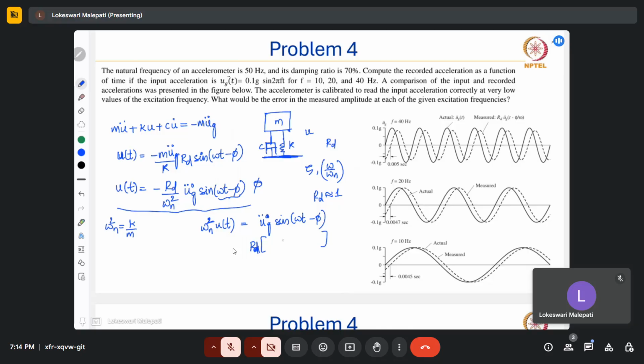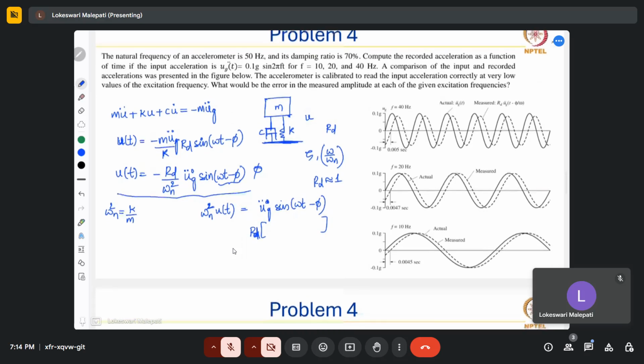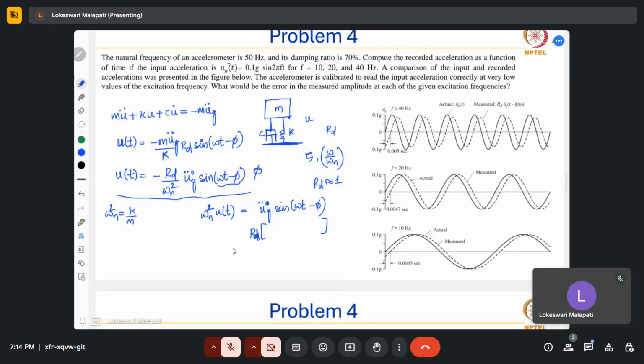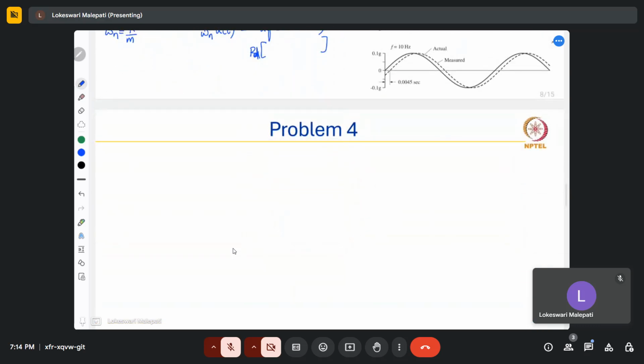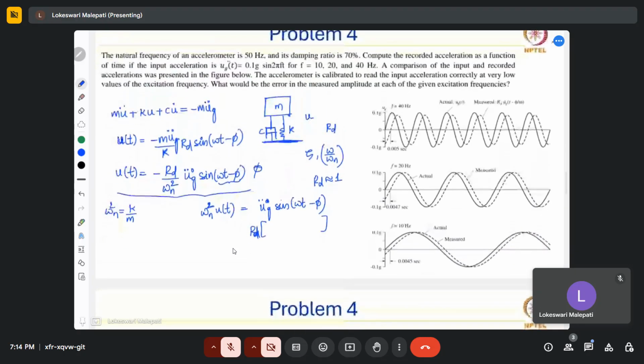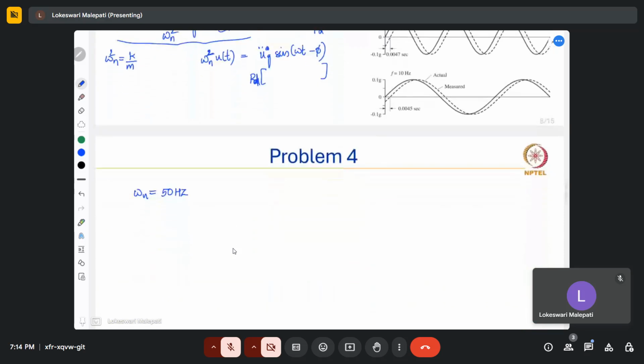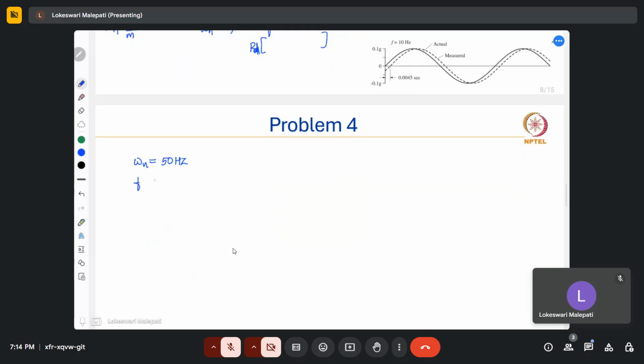Now we need to find out this displacement response factor value for different frequency ratios. In this they have given the natural frequency of an accelerometer, omega n is equal to 50 hertz, and they have also given the different frequencies for which we need to find this.